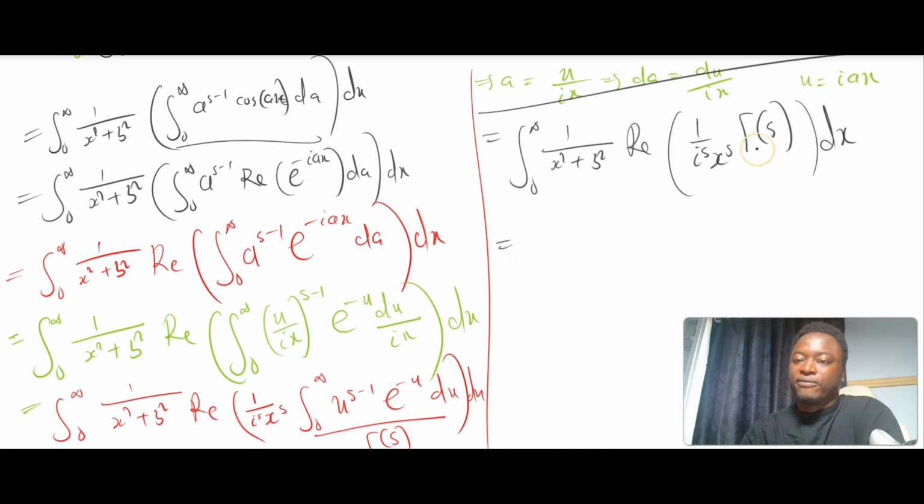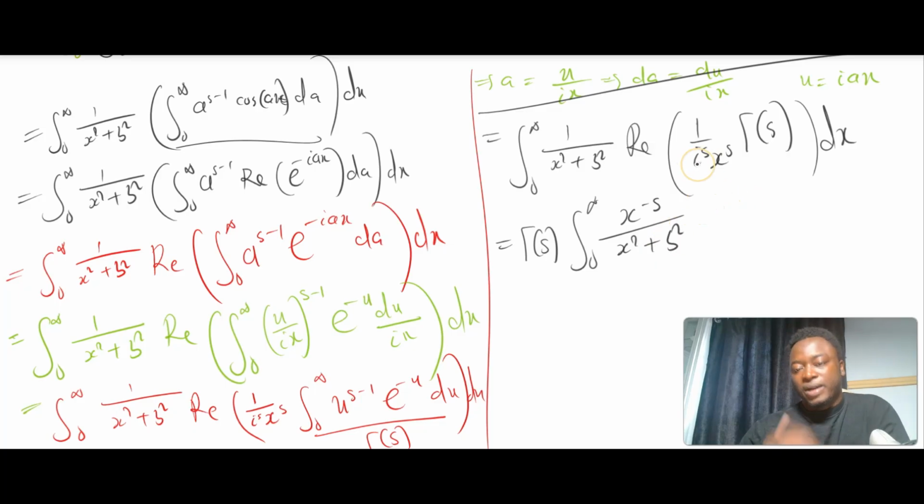So we can pull out gamma of s, and you have the integral from 0 to infinity of x to the negative s divided by x squared plus b squared. You have to find the real part of 1 over i to the s power. So 1 over i to the s power is basically i to the negative s.